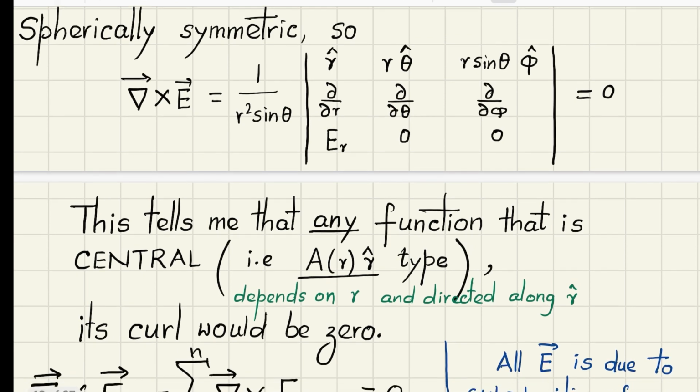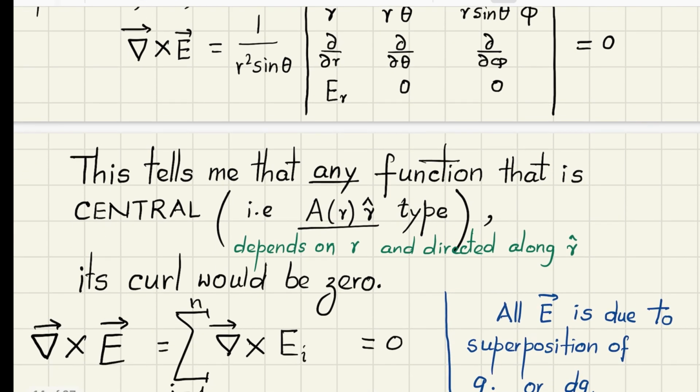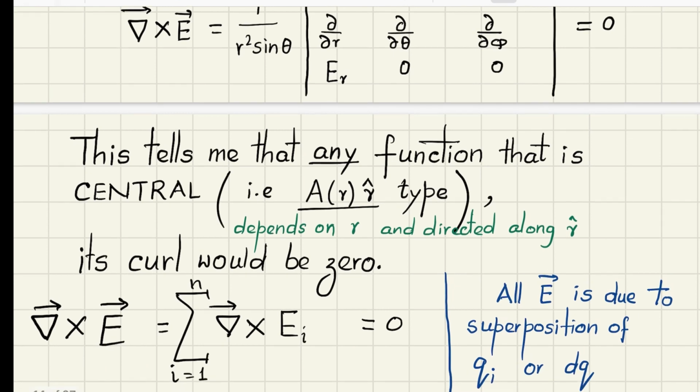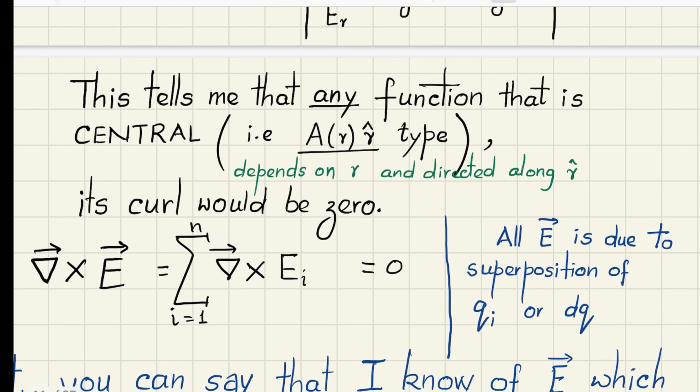Here we are talking about a vector function. If the curl is 0 for one charge, then the curl will be 0 for all superpositions. E can be due to a superposition of q i or dq, and hence the curl is going to be 0. I'm just using superposition.